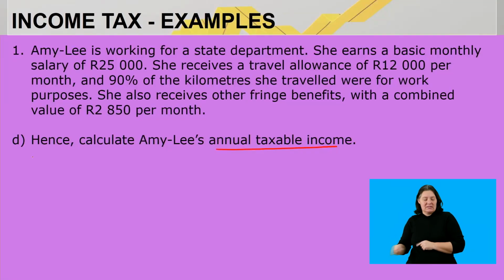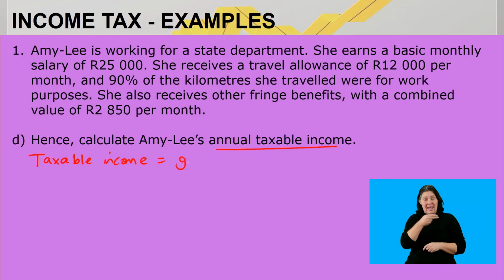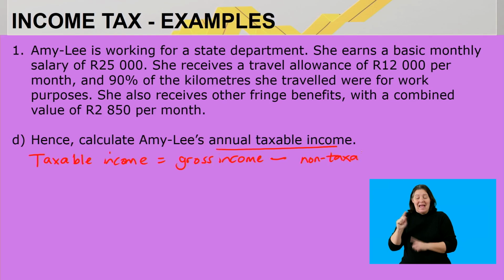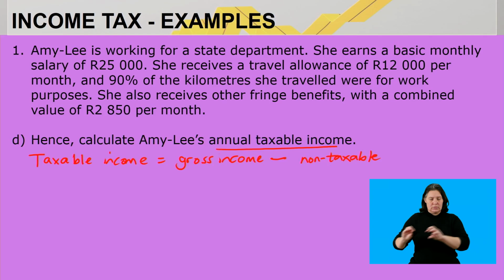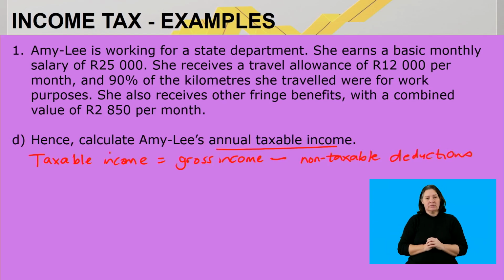So taxable income equals your gross income. In this case, it's all annual values minus your non-taxable deductions, right? So there's my formula. Step one, I'm going to substitute into the formula now. Let me just quickly write that down.